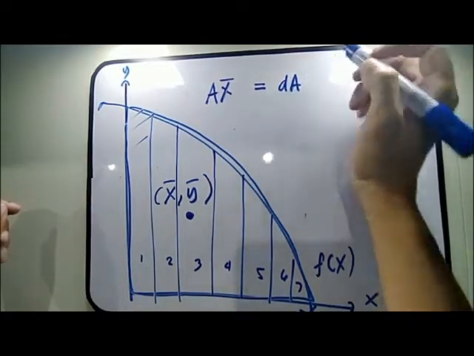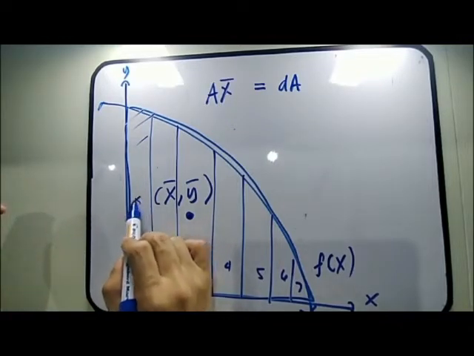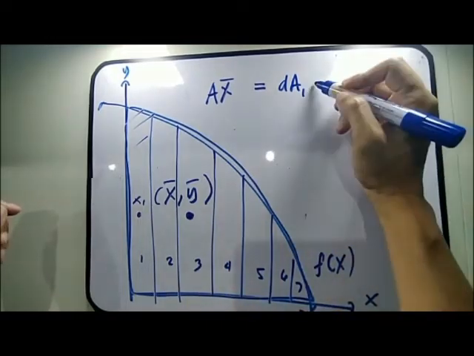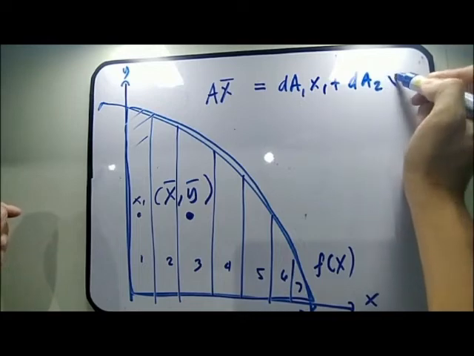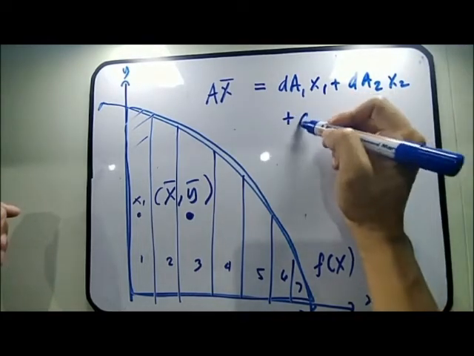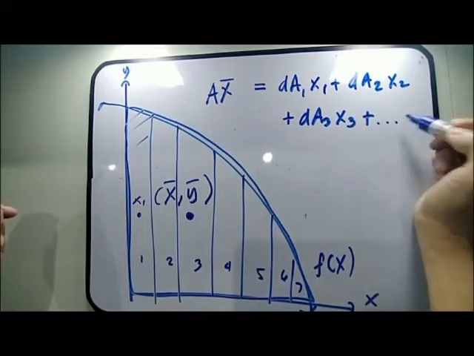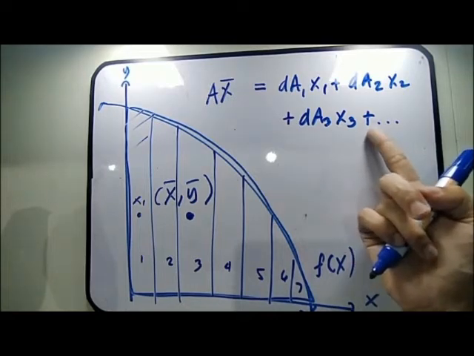Now, let's say this strip is differential A. Yung differential A1 natin, say that this strip is differential A1, yung centroid niya is at x1, differential A2, x2, plus differential A3 times x3, and so on, hanggang sa makumpleto natin yung figure. Then, this summation guys, in-add natin lahat, di ba?